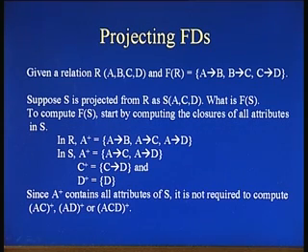Now since the closure of A contains all attributes of S, that is A, C and D, we do not need to compute any more closures.